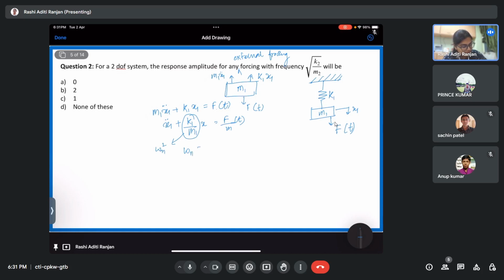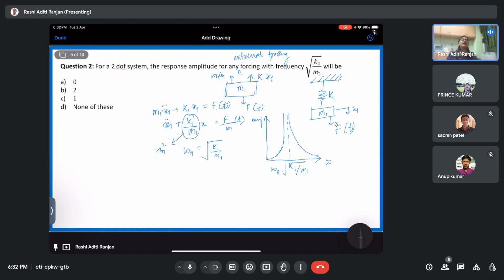So my omega n is under root k1 by m1. And if I plot the amplitude frequency response, it would be something like this. Correct? So this is how it is going to behave.